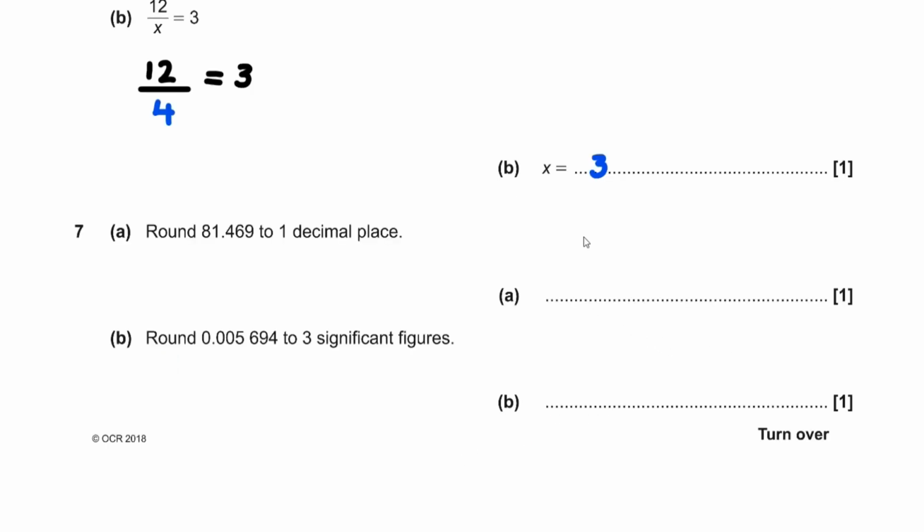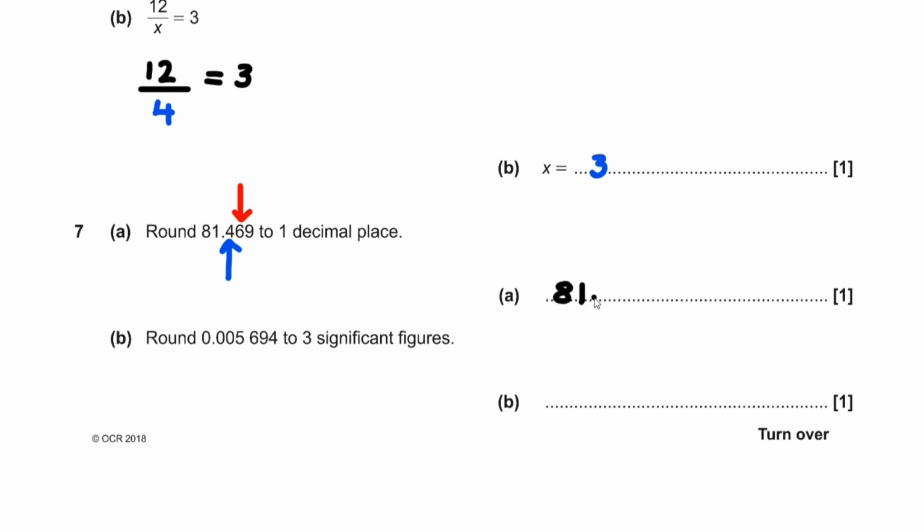Question number 7, part A, round 81.469 to 1 decimal place. Well, if I take a look at the second decimal place, that is 6. Because 6 is 5 or greater, we need to move this 4 up to the next digit available.